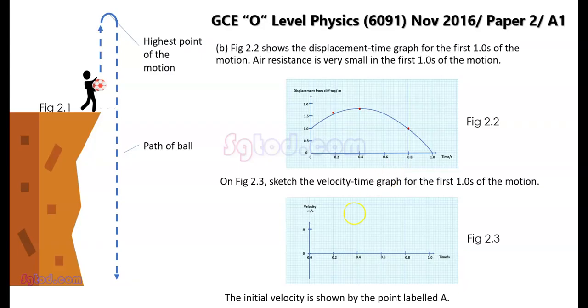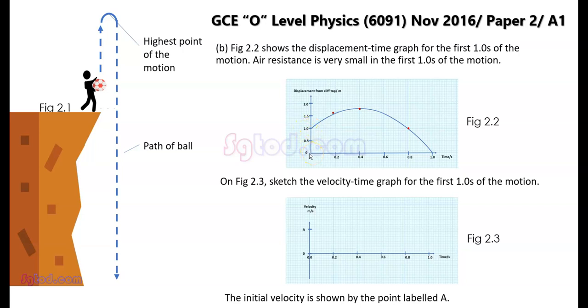The question states that the initial velocity is shown by the point labeled A. So this is the first point. Now, which should we choose to be the second point? Let's study the graphs. Since the initial velocity is labeled A at time t equals 0, then that must be where the ball was first thrown upwards, and it corresponds to 1 meter from the origin according to the displacement time graph.